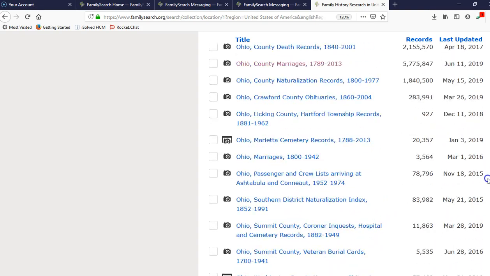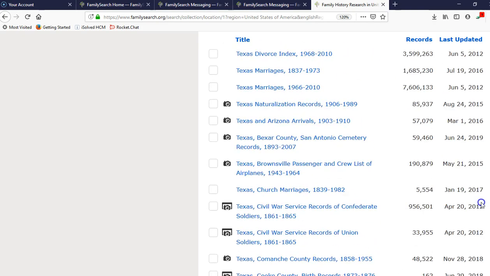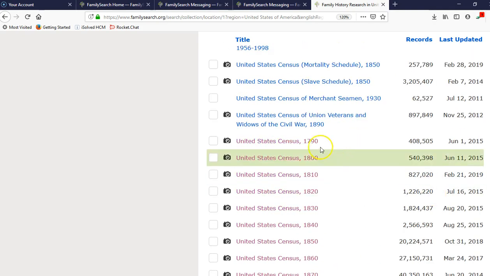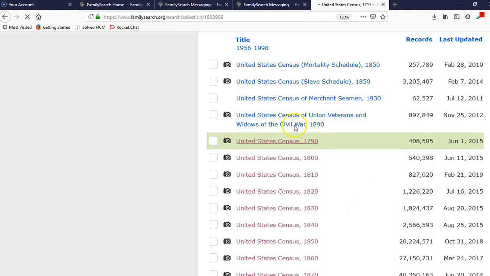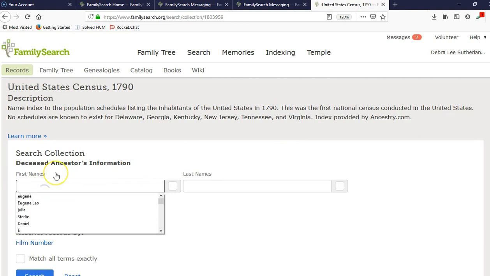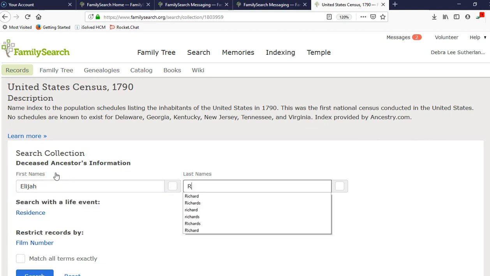Censuses are only every 10 years, so you take each year of the censuses and make a map of who all is in the same area that your ancestors are in.